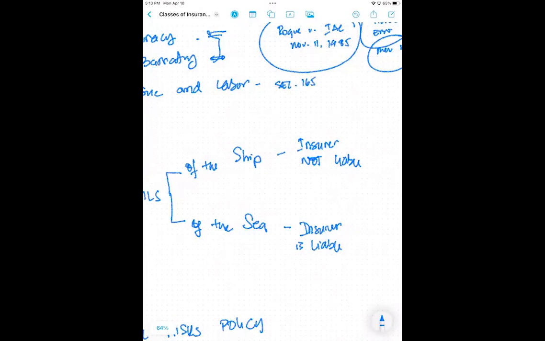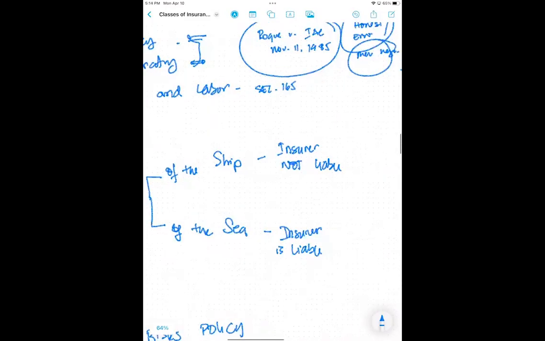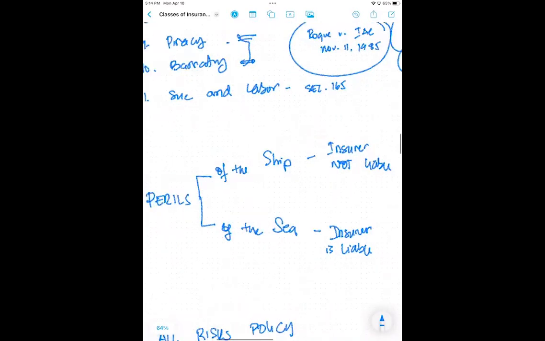Okay, so this sue and labor would operate in such a way that if there is such a provision in the policy that pertains to sue and labor, the ship owner is allowed to employ, okay, or to take all necessary means to save the ship from further loss or even recover the ship. Okay, kaya nga siya sue.